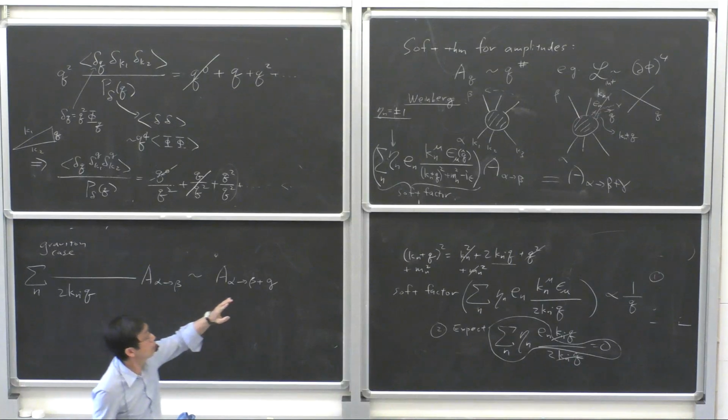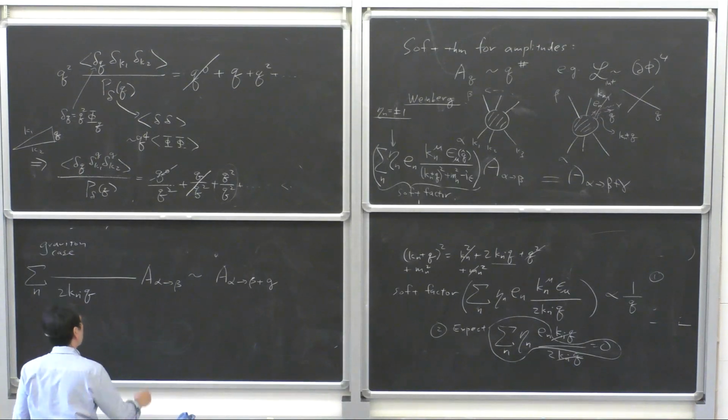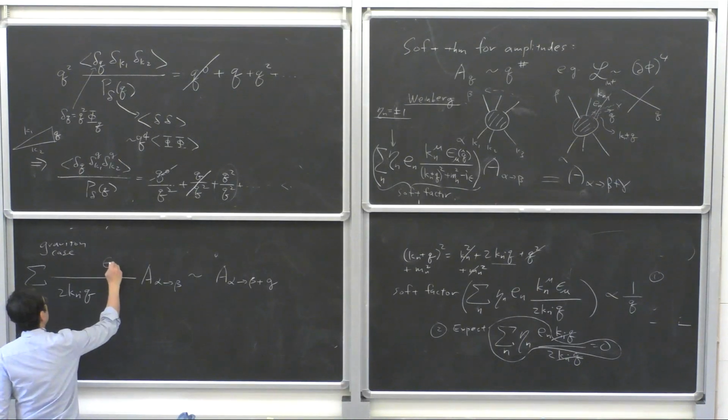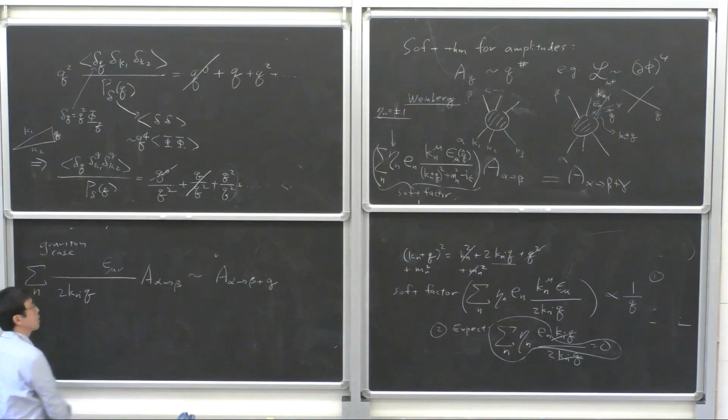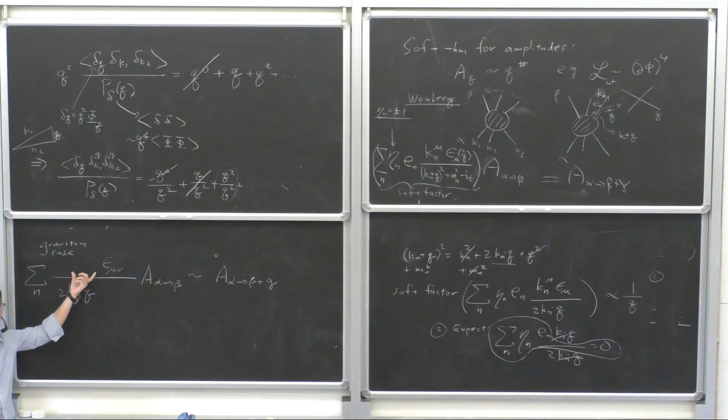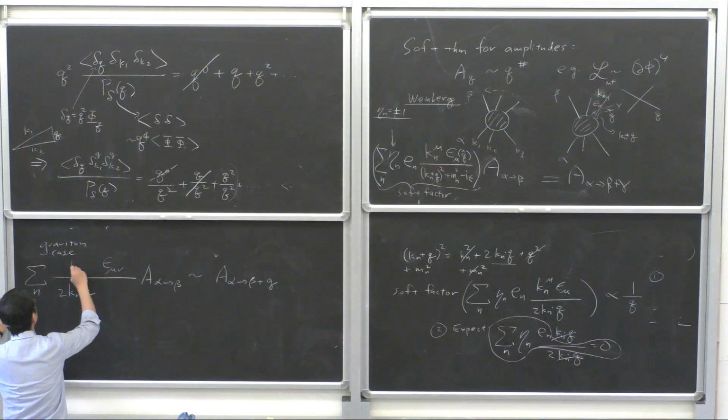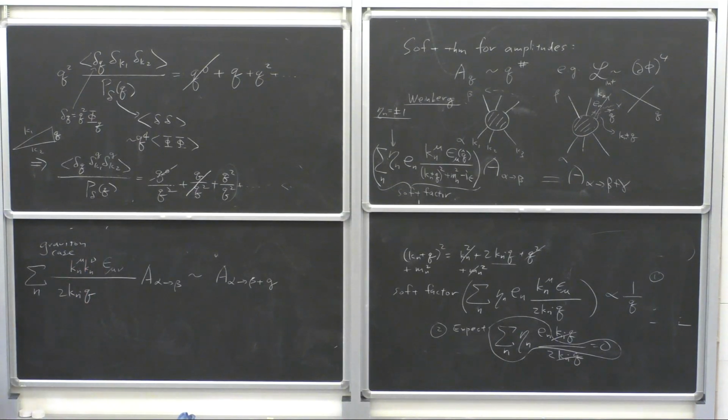You are trying to emit a graviton, and so you have to write down the polarization tensor for your graviton. It has 2 indices now, instead of one index. And so you again ask yourself, how do I contract indices? And the only thing you can use, if you think about it, is the momentum of the hard particle. And so we say Kn mu, Kn nu.